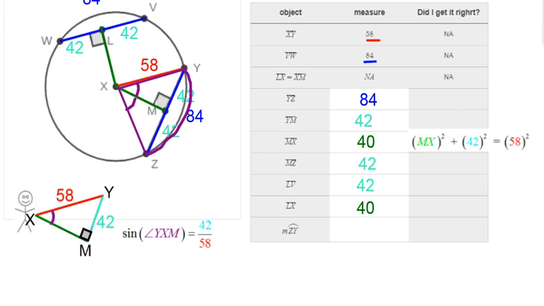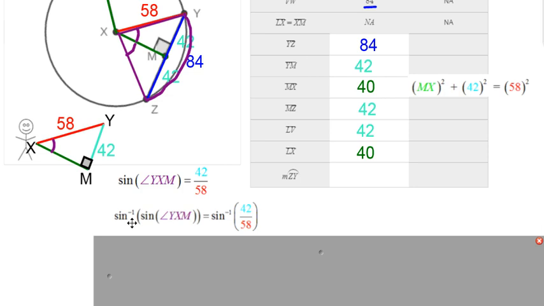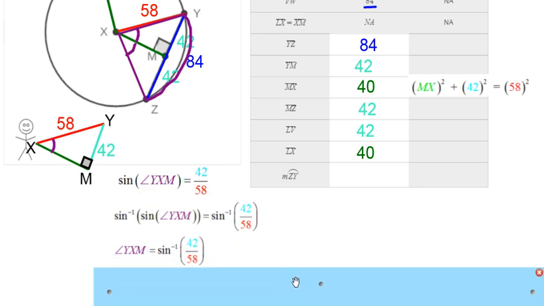Well, in order to find the angle, we have to undo the function. So we use inverse operations to do that. So if we have the sine, we're going to use the inverse sine to undo that process. So these will undo, and they'll give you the measurement for angle YXM. Now, we have to remember also that it's not just that angle that's making up the intercepted arc.